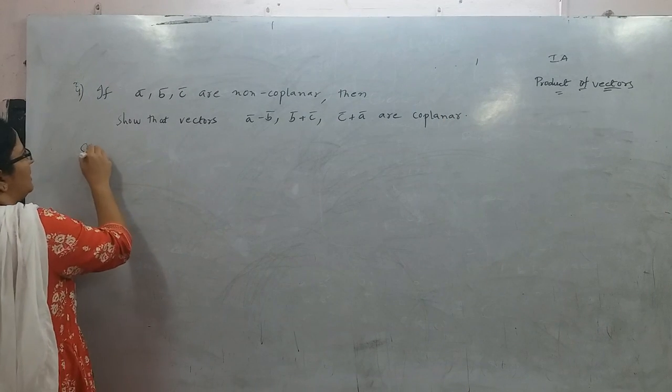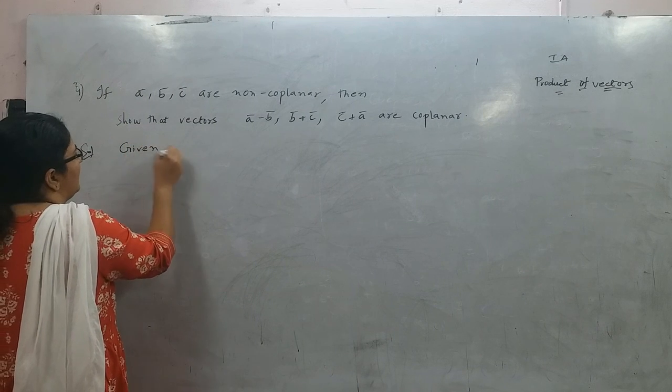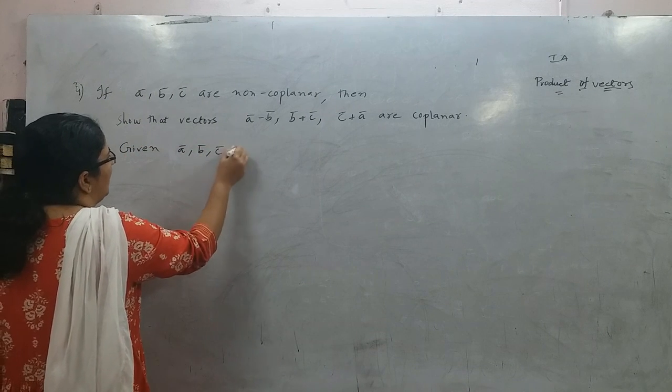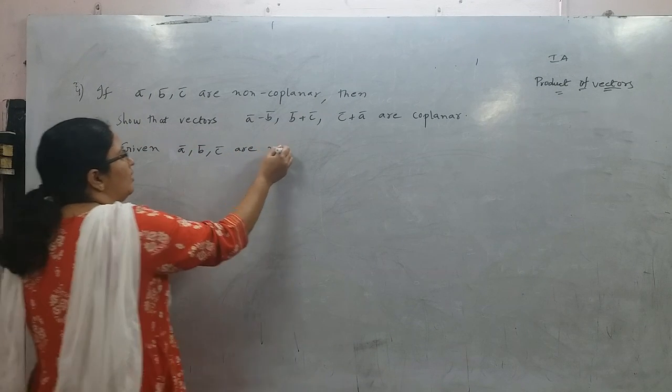What is the solution? Given a bar, b bar, c bar are non-coplanar.